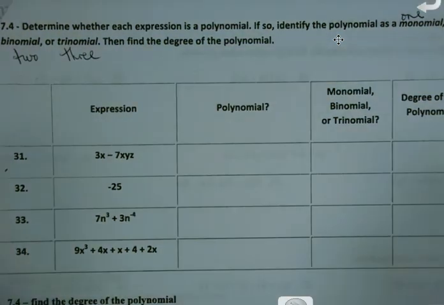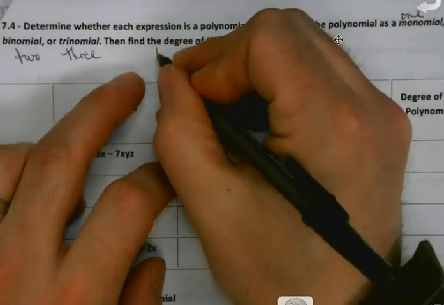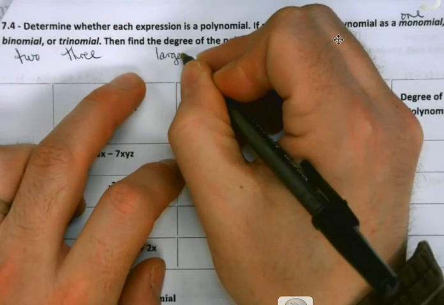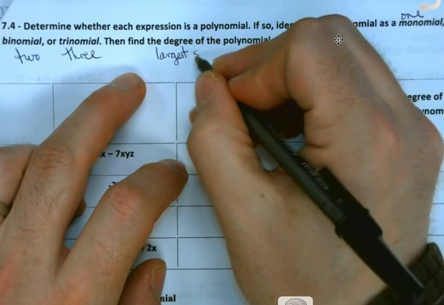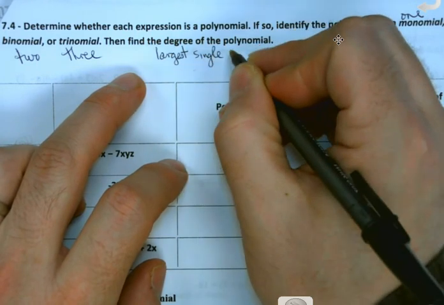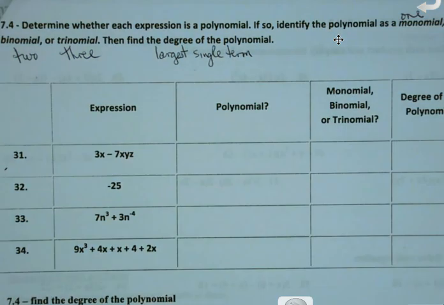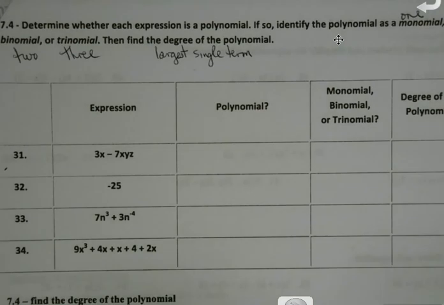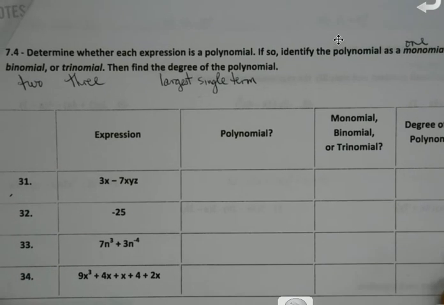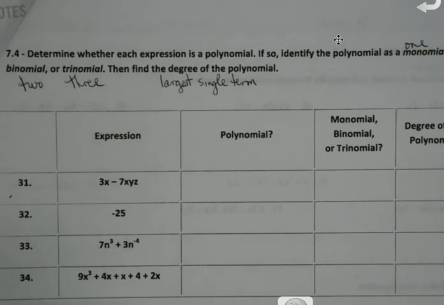Then find the degree of the polynomial, which again, that's on the largest single term. If I have more than one variable in a term, I can add up the exponents, but otherwise it's only term by term. So now let's go back to this whole idea of determine whether it's a polynomial. Okay.